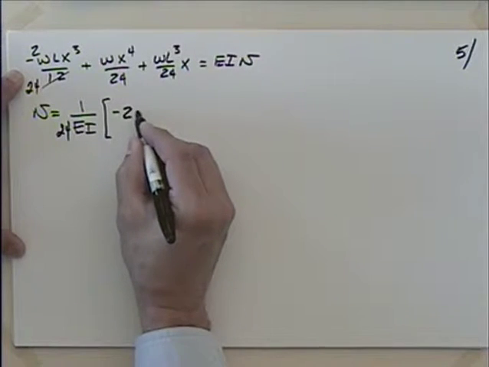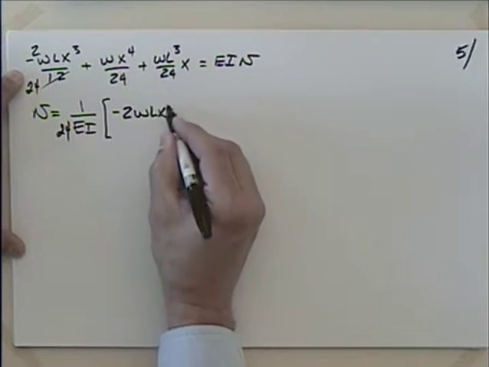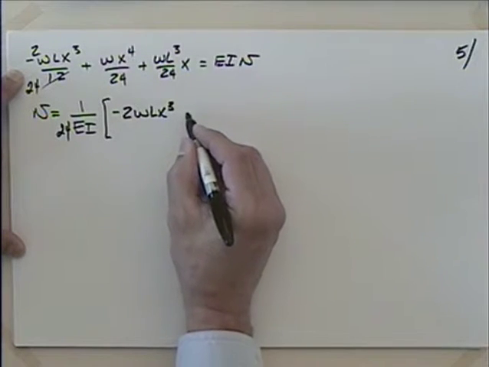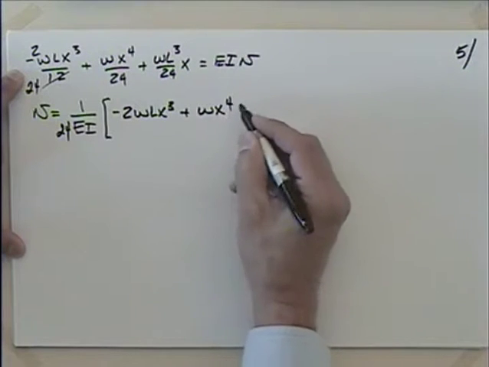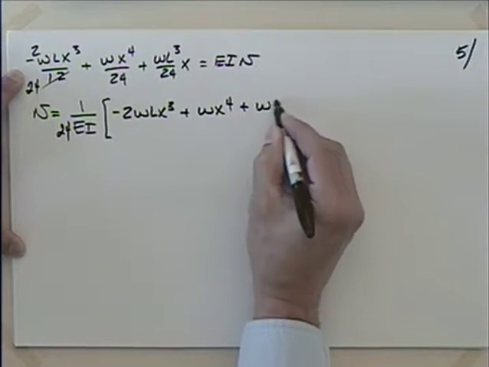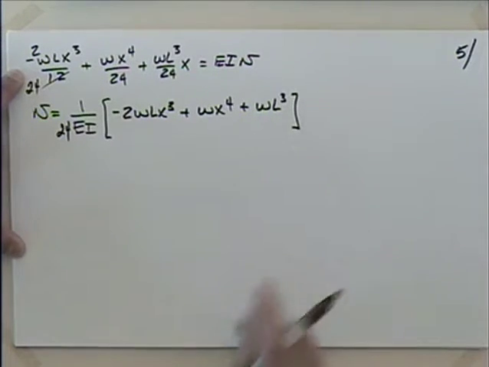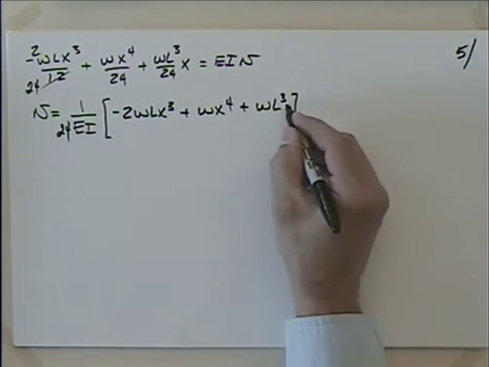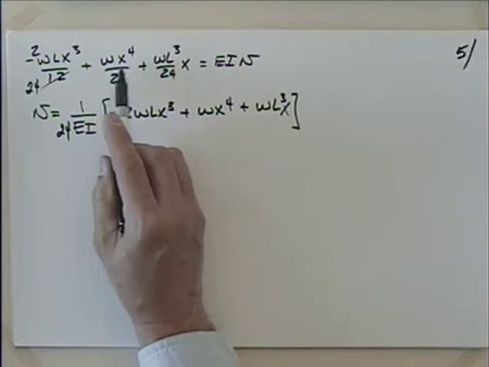Minus 2 WL x cubed plus WX to the 4th plus WL cubed. I forgot an x, didn't I? So WL cubed x, WX to the 4th.